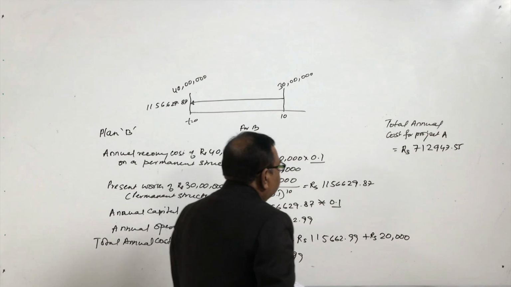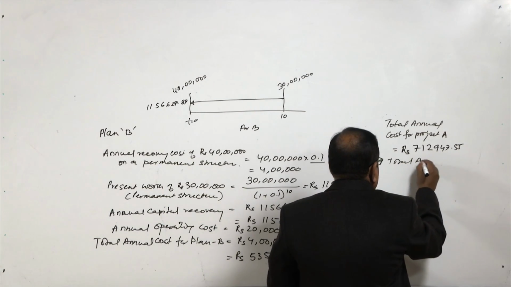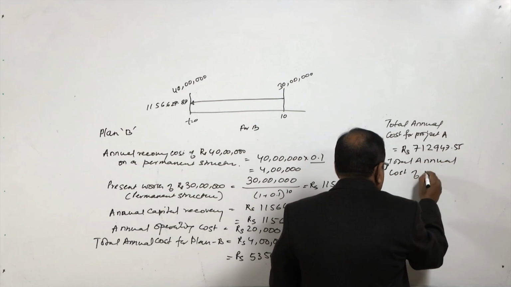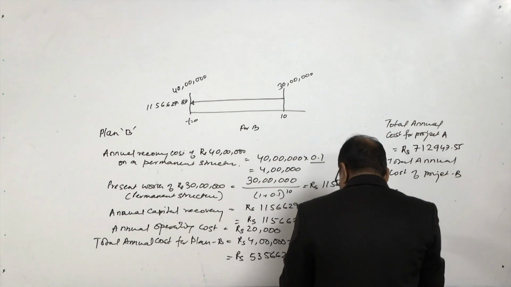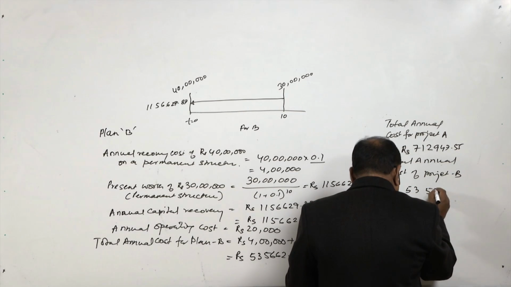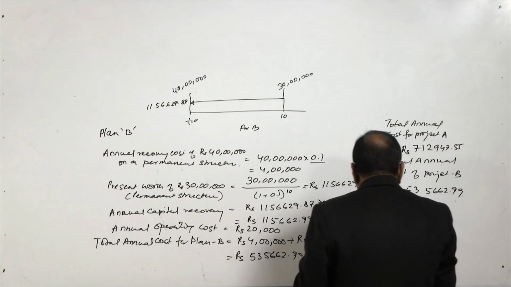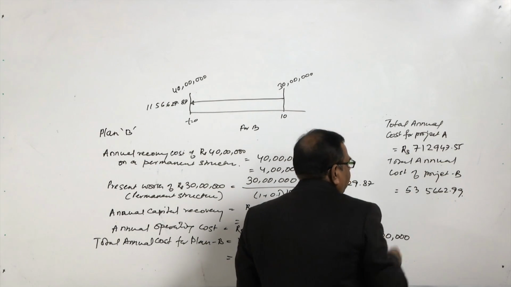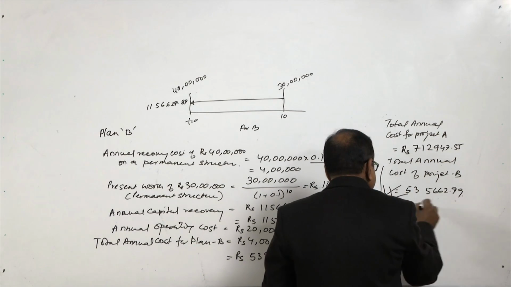So, the total annual cost of project B is 535,662.99. As the annual cost of project B is less than project A, this project is selected.